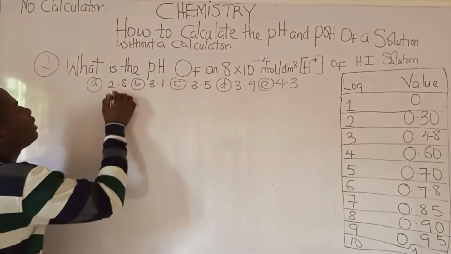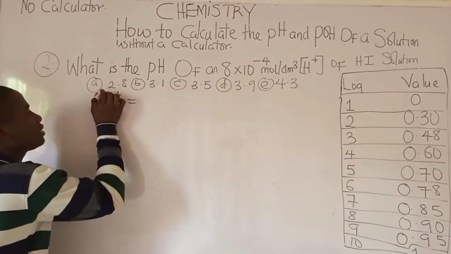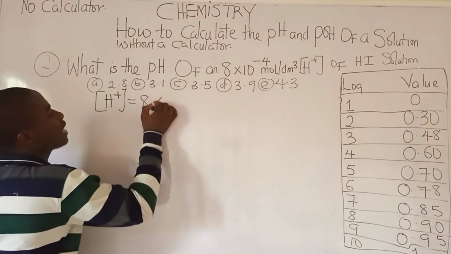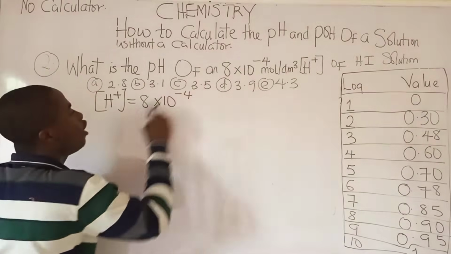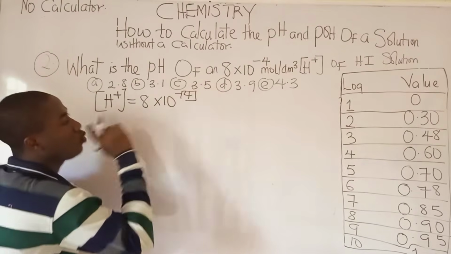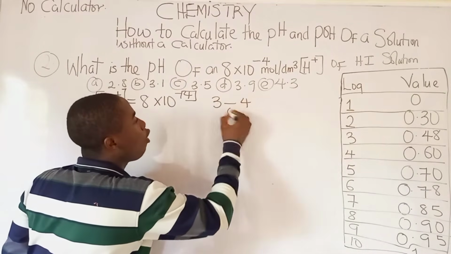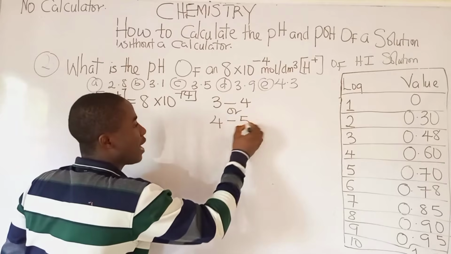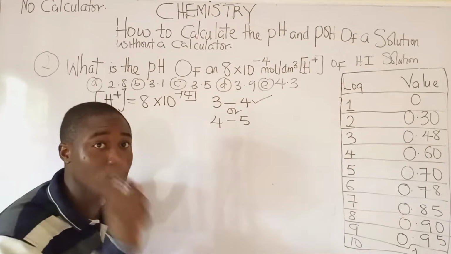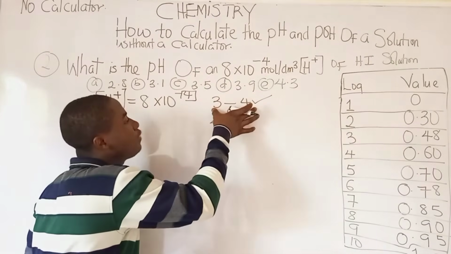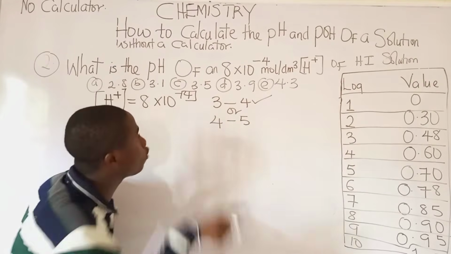So we simply bring the H plus down, which is 8 times 10 to the minus 4. Now we bring our power. Will the range of the answer be 3 to 4 or 4 to 5? It always goes to the lowest range. So the range of the answer will be between 3 to 4.